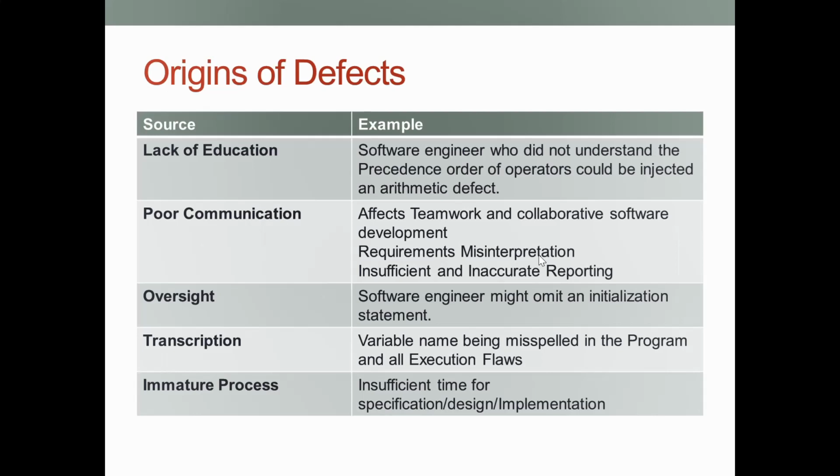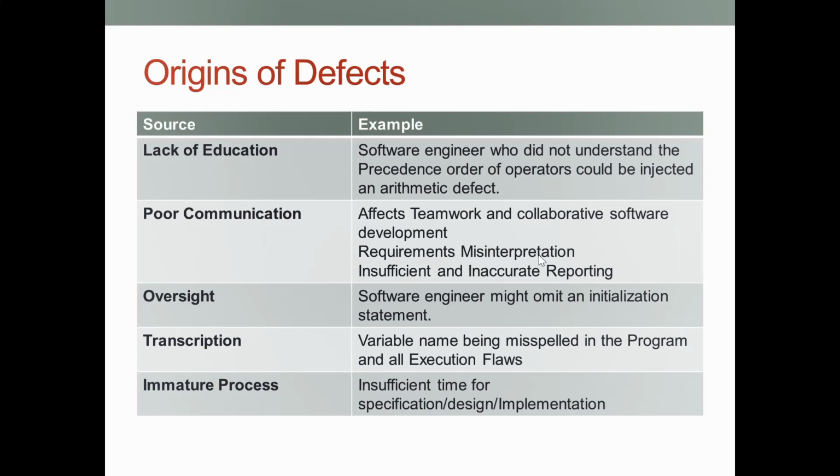Transcription is another reason for software defects. It occurs when the variable names in the programs are misspelled or different from the specification. Similarly, if the execution steps are not implemented properly or correctly, then software defects will occur.